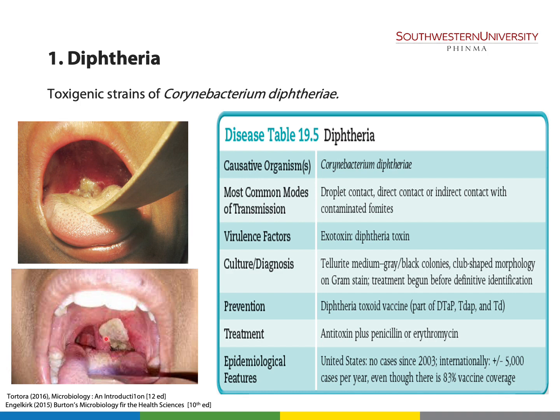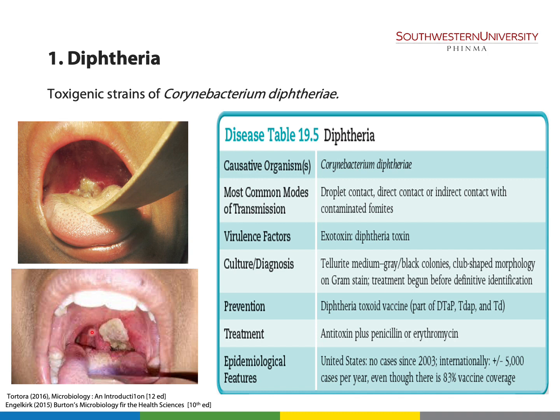By the way, diphtheria is caused by toxigenic strains of Corynebacterium diphtheriae. The characteristics of the pseudomembrane: it is tough, asymmetrical, adherent, and usually a gray to white membrane in the throat surrounding the inflammation.